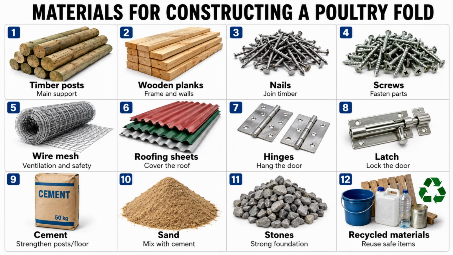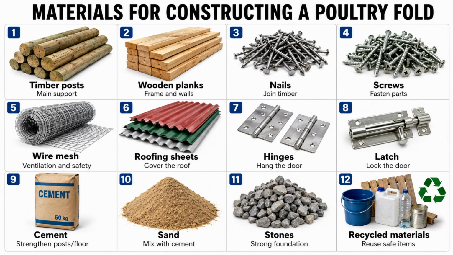The timber posts form the main support of the structure, and the wooden planks are used to make the frame and the walls. The wire mesh allows air and light to enter while keeping the birds safe. So there should be a part where there is wire mesh. Everything should not be closed up with wood, because wire mesh will allow ventilation.